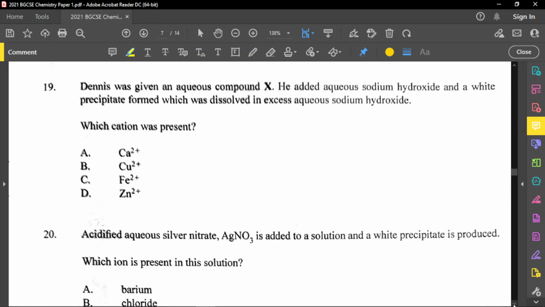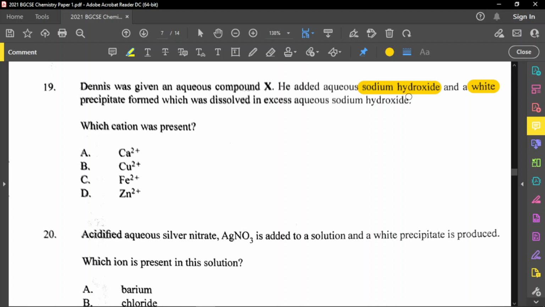The first thing you need to point out is that you form a white precipitate using sodium hydroxide. So that means you're looking for the cation whose hydroxide is insoluble.